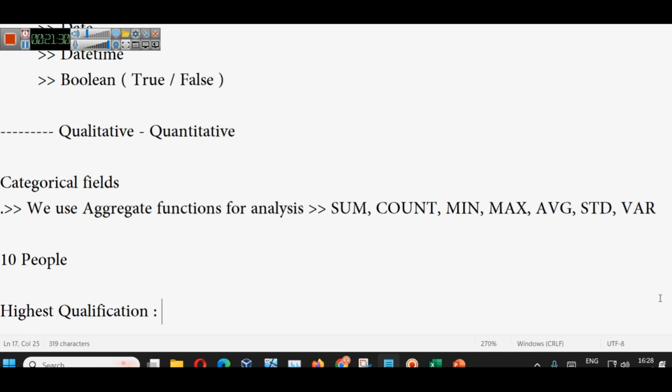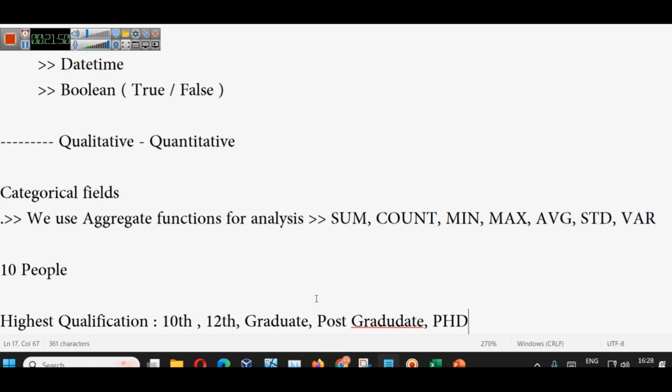They can say I have passed 10th, 12th, I am a graduate, I am a postgraduate, or I have done PhD. Only 5 or 6, a finite number of options are available, right?